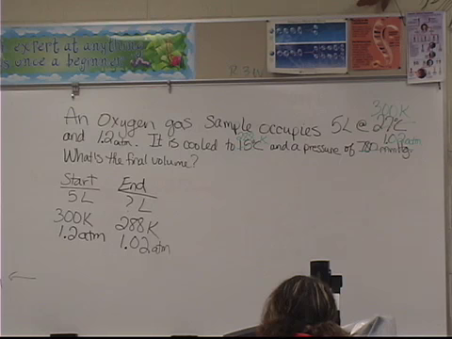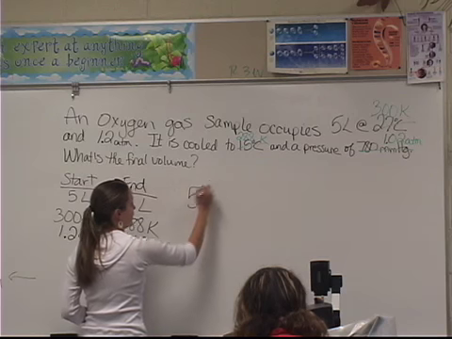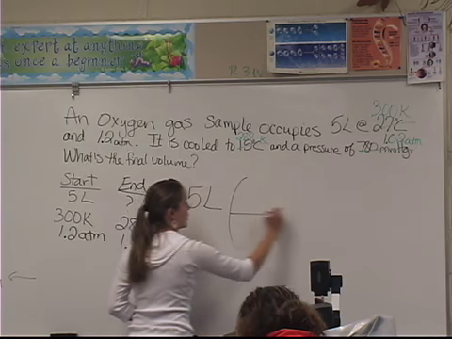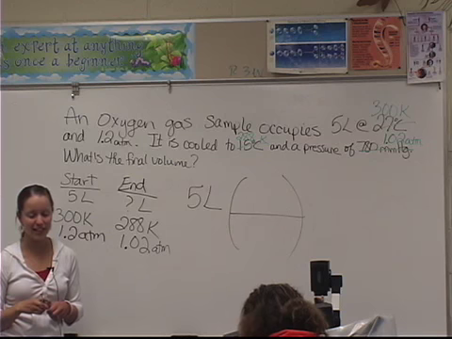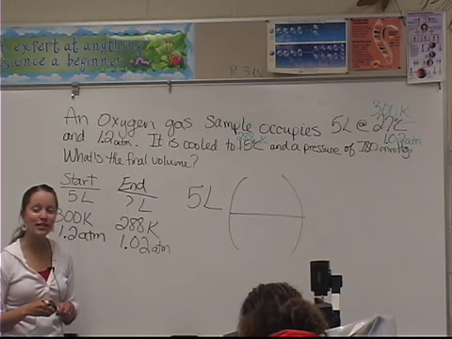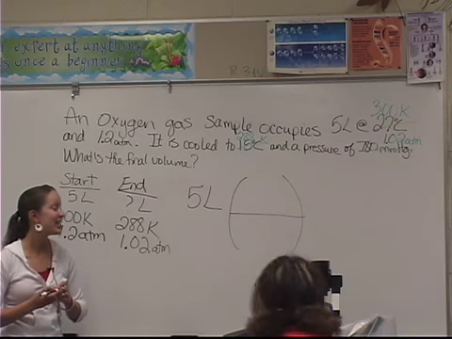Okay, now I have 5 numbers. All the other problems I only had 3 numbers. Now I have 5. Which one do I start with? Volume. When in doubt, start with volume. So we have 5 liters. Do I put liters on the bottom? No. Why not? But that's what we did in stoichiometry.